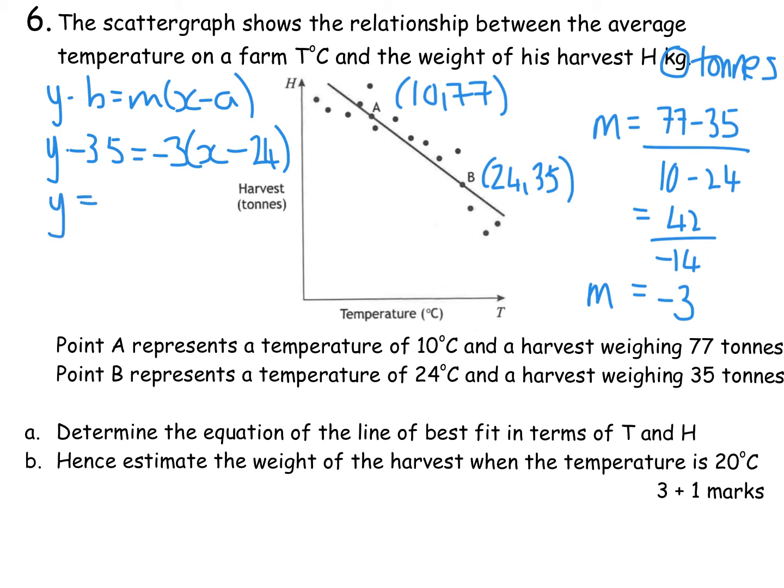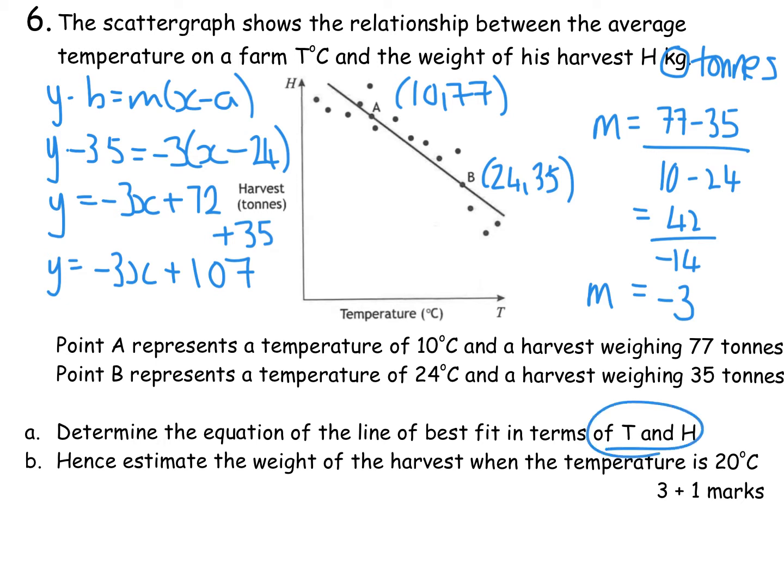If I multiply this out, I've got negative 3x plus 3 times 24 is 72, and then that plus 35 will come over. So I've got y equals negative 3x plus 107. But I'm not finished because the question wants it in terms of t and h. So your y-axis has become h for harvest, x has become t for temperature. So this is our formula.